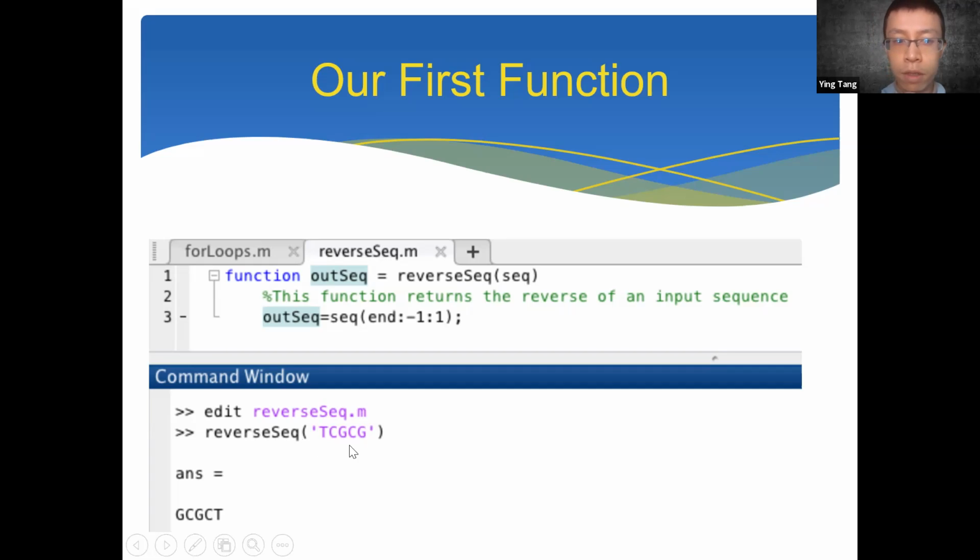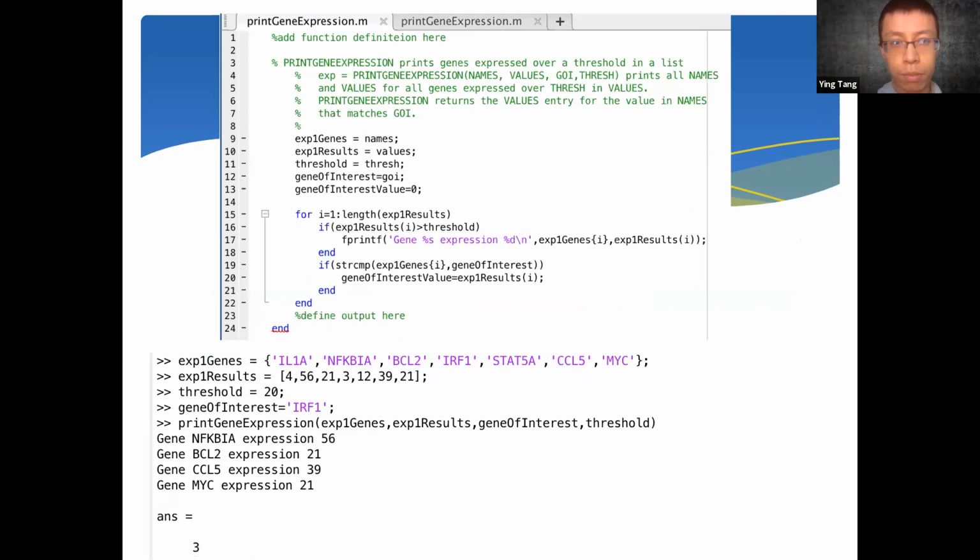So therefore, you see that a function will be very convenient to use. Whatever code we wrote before can be defined as a function. And then next time you want to run that part of code, you just call the function and give it an input argument. Then everything you wrote as code will be packed, and you directly get the output.